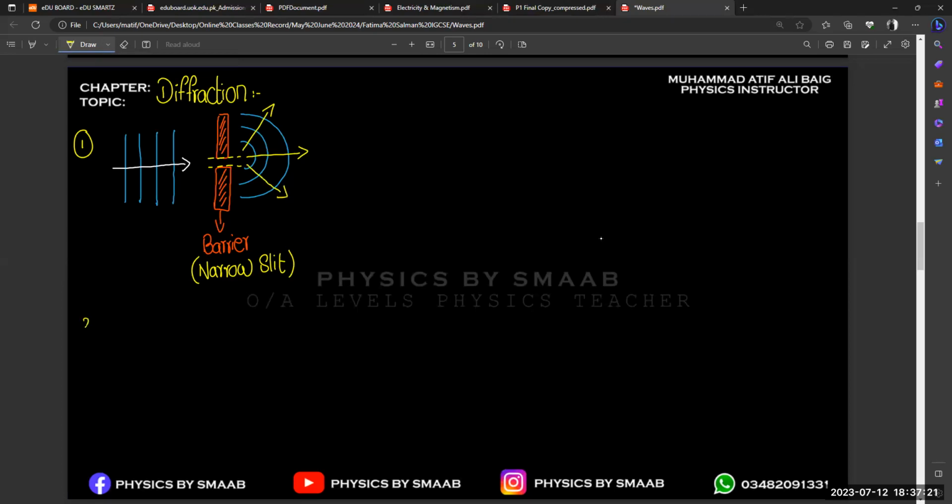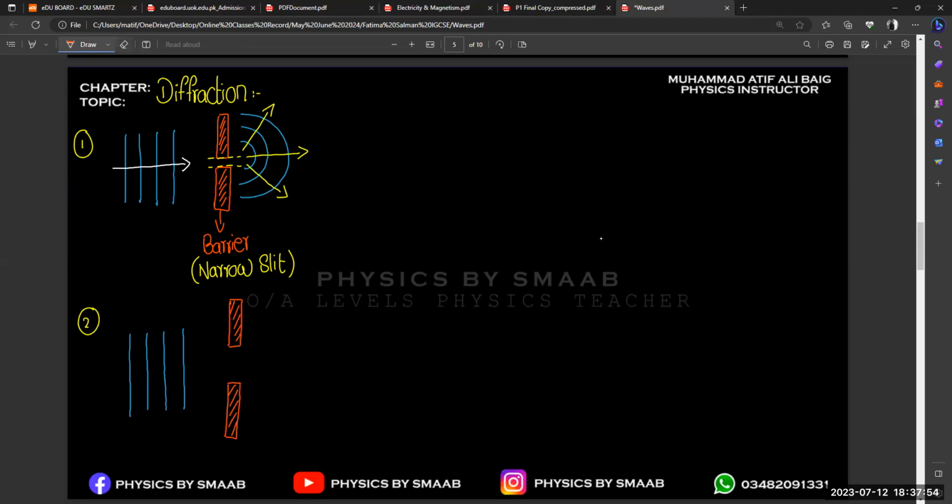And for the second concept, let's suppose we have the same water waves moving forward and we have slits with a greater gap. One barrier is placed over here, one barrier is placed over there, right?